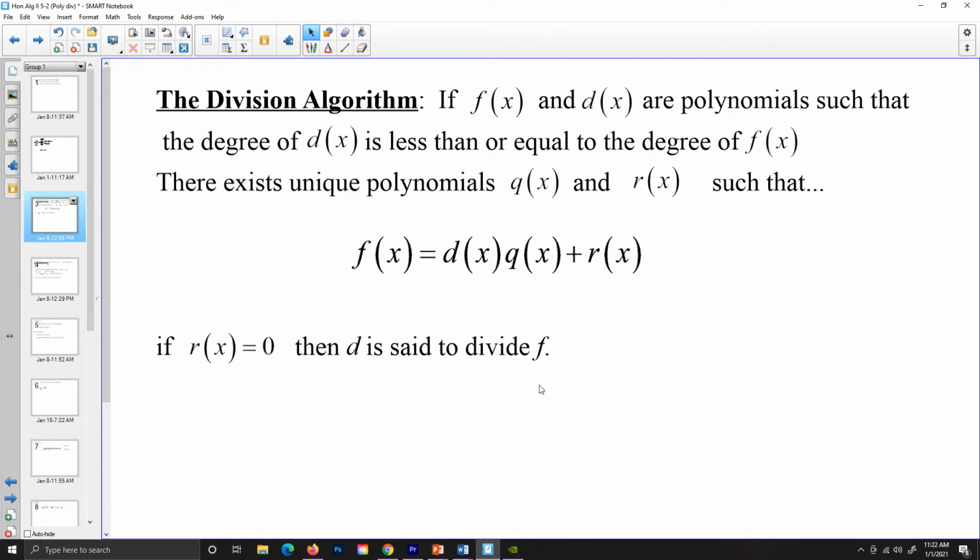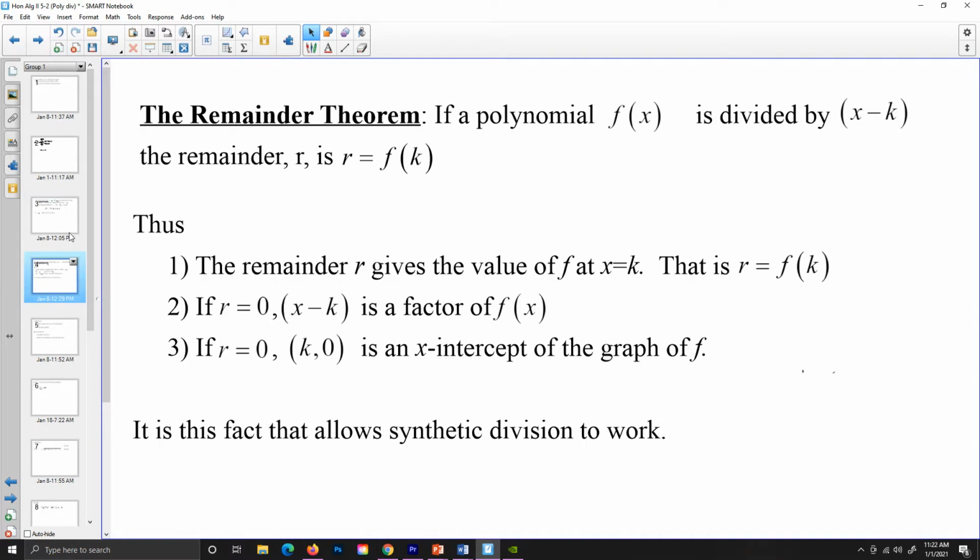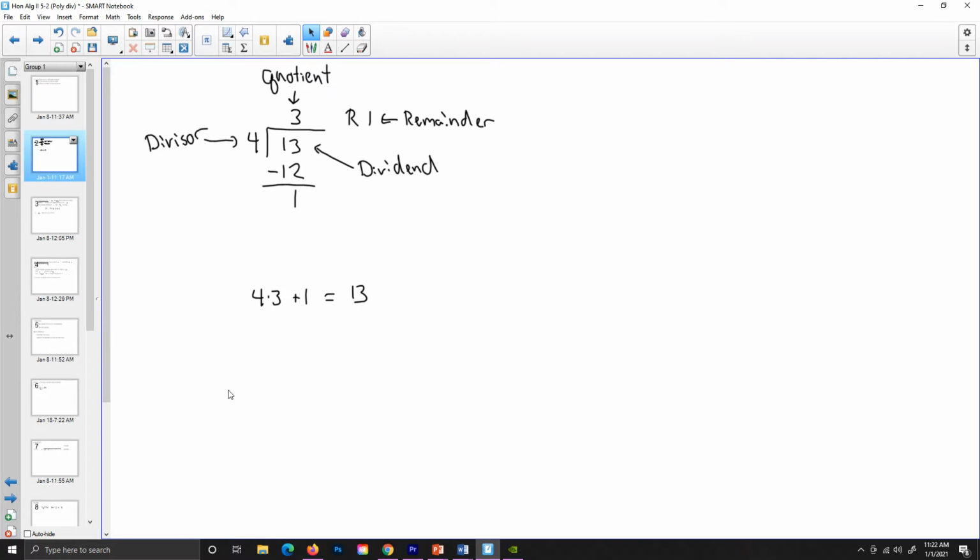So again, why did I go through all of that? Because when we're dividing polynomials, we are actually doing that division algorithm. Think of this right here as my d of x, the divisor. Think of my quotient here as the q of x, my remainder as the r of x, and my dividend as f of x.